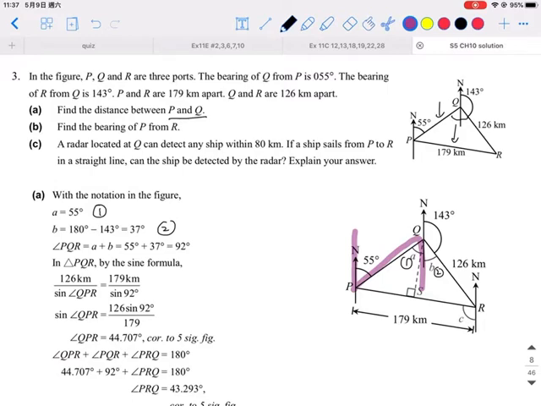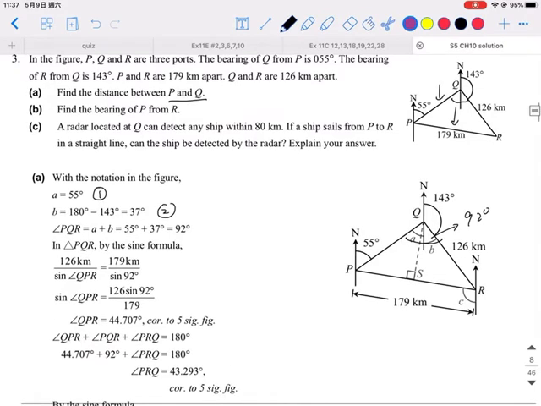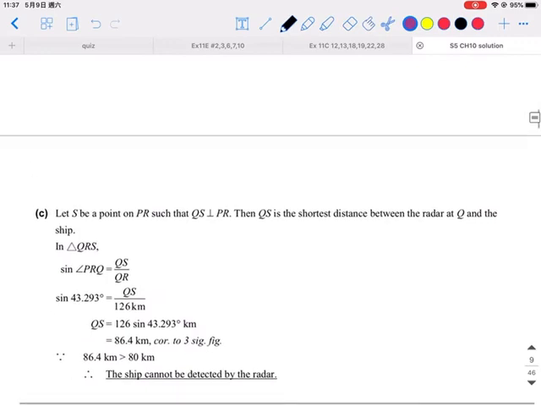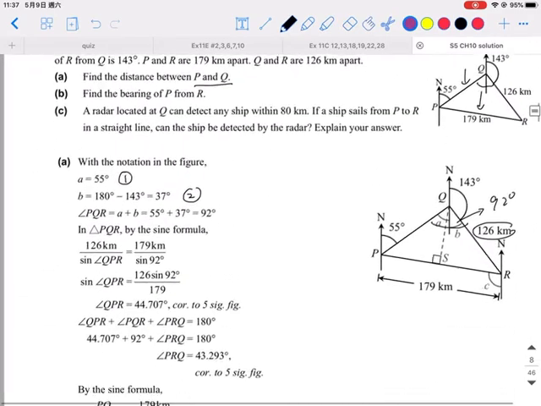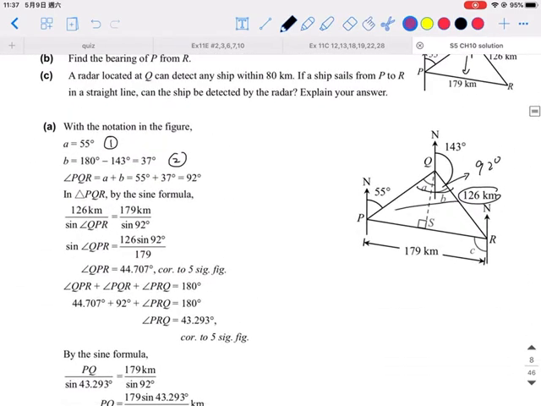So we add them together. We can find the angle, a pair of angles on a straight line, so this added together is equal to 92 degrees. So therefore, we have 126. Oops, sorry. So we can find the angle QPR. Okay, so it's the third part.